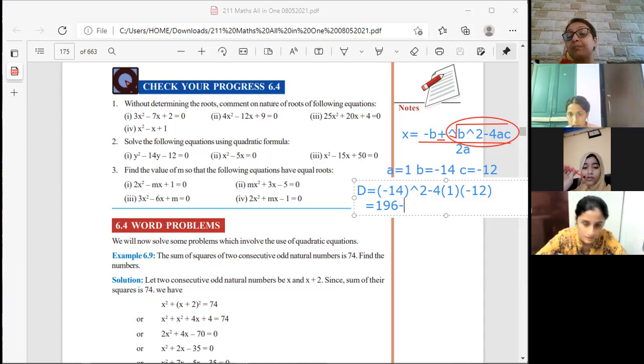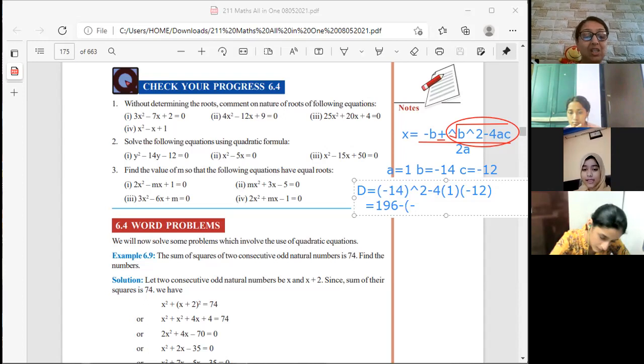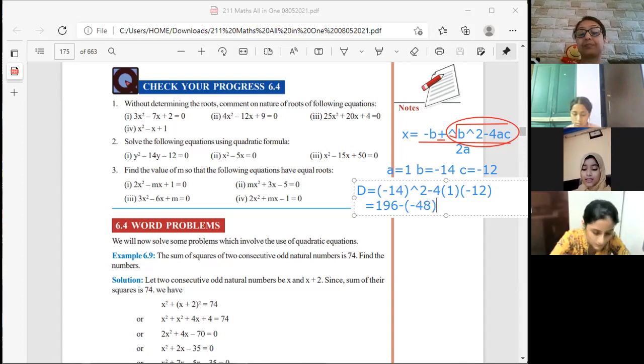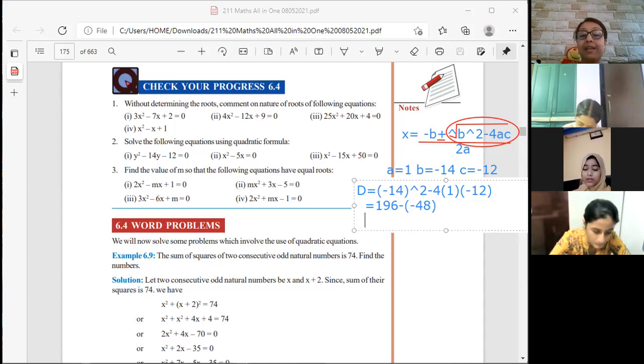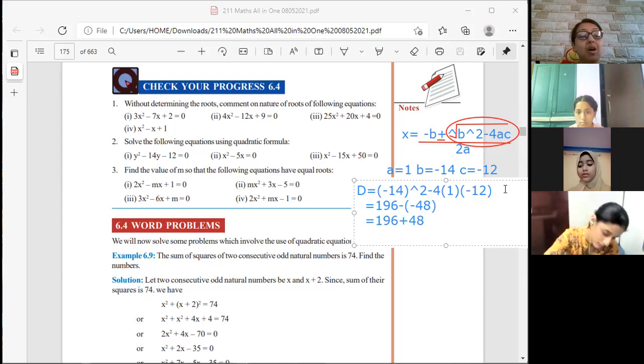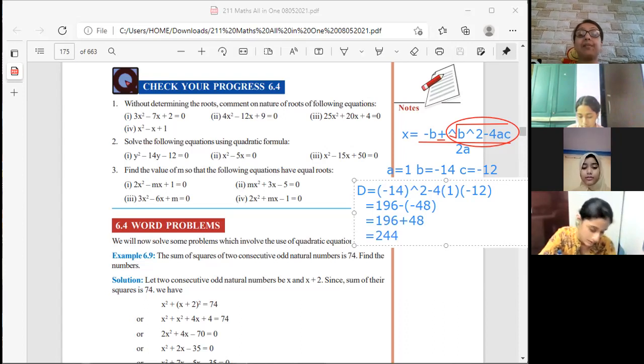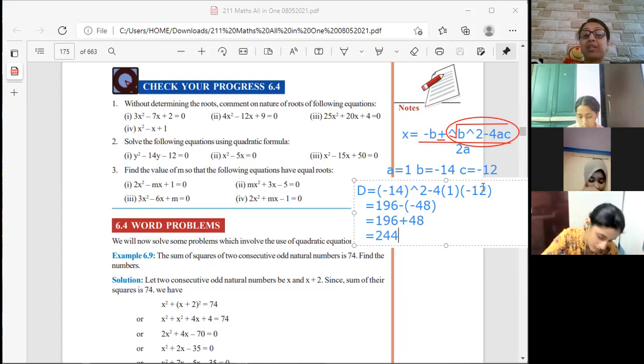And 4 multiplied by minus 12 is going to be minus 48. Am I right? Now what do I get? 196, minus becomes plus 48. What is 196 plus 48? 244. Yes, 244. Okay. Now I am going to substitute this D that I have got in my formula.